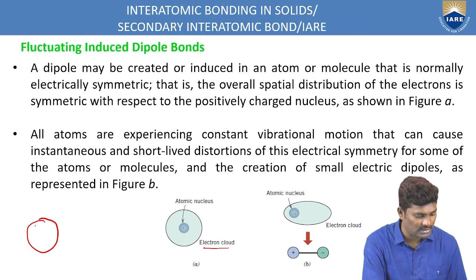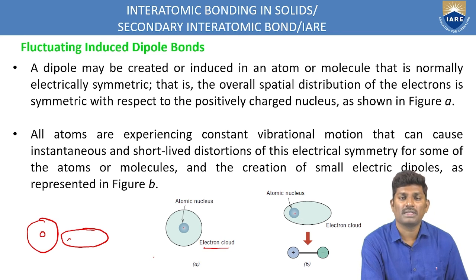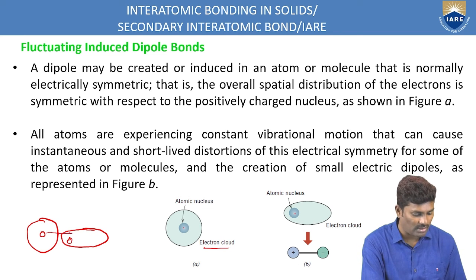Earlier it is symmetric. Now after some time, it is changing its symmetric nature, and the position is also shifting somewhere like this. It is changing its position. Now, how can you get the bond? You have to get it like this, but there is a change.